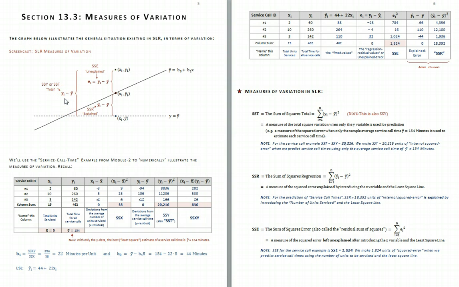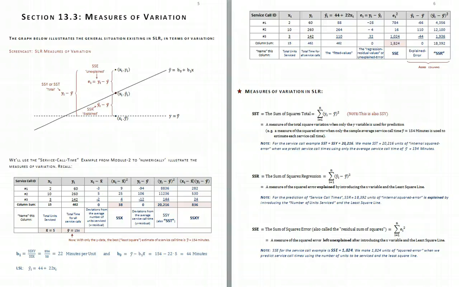If we squared the yi minus y bar and then summed over all i values, that is i equals 1 to n, all the data points, we would obtain the numerator of the sample variance of the y data. This is a quantity we have previously referred to as SSY, but will now also call SST, the sum of squares total.